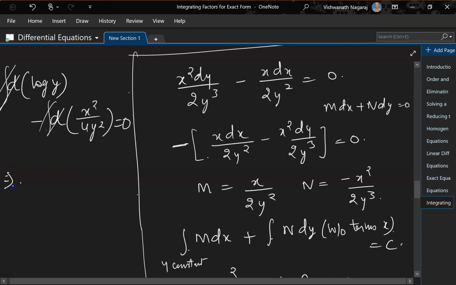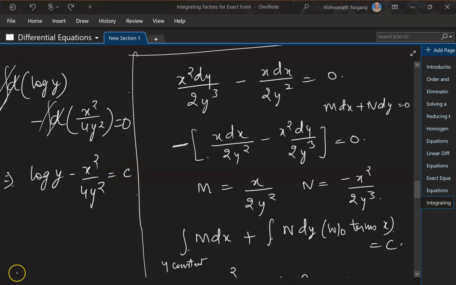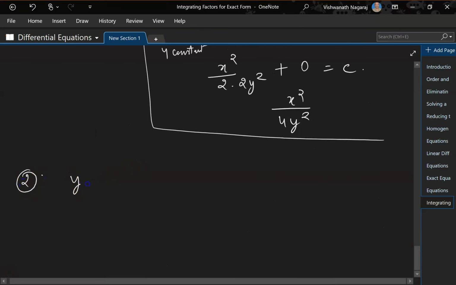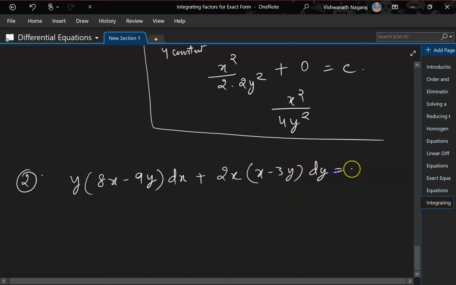So our solution is log y minus x square by 4y square is equal to c. Next problem, let's say we have y times 8x minus 9y dx plus 2x times x minus 3y dy is equal to 0.